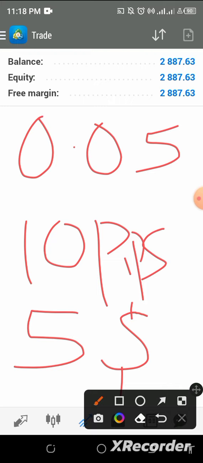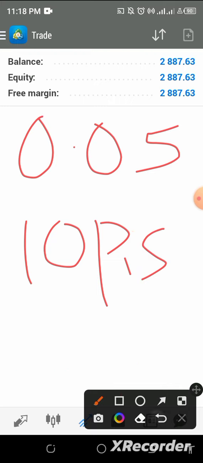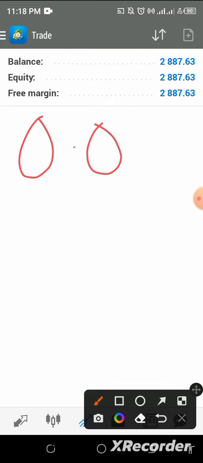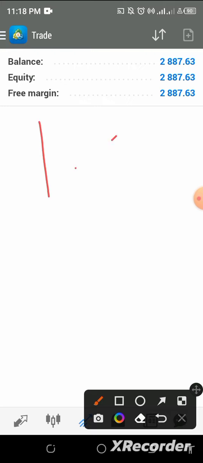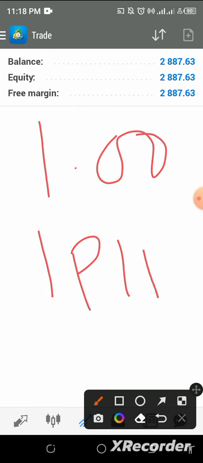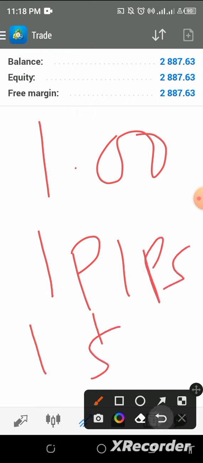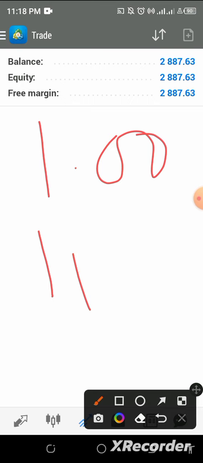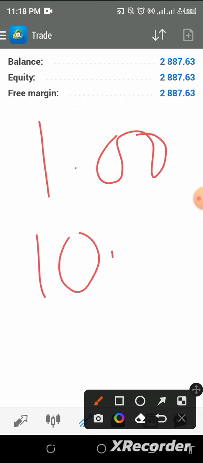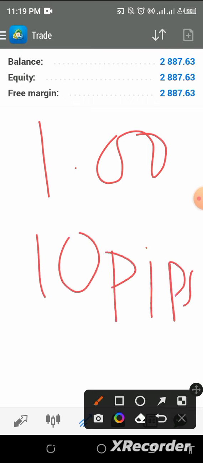And if you use one standard, that is the difference, guys. If you use 1.00, that is one standard, and then just one pip will give you $1, and then 10 pips will give you $10.